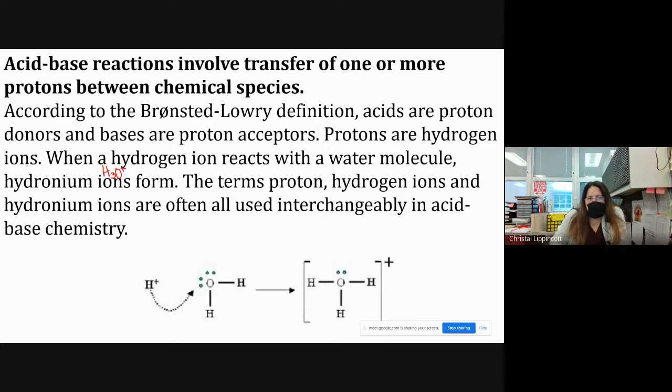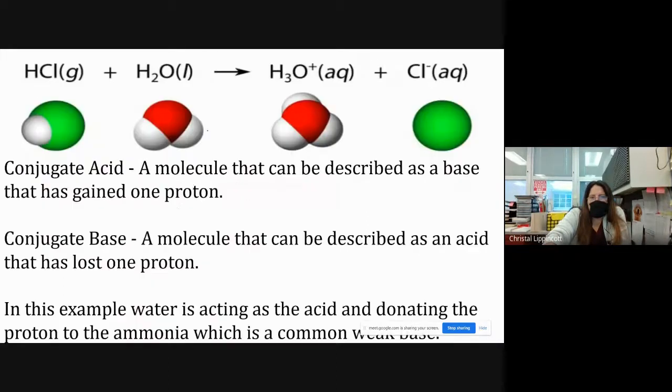So we take a water, for example, we add a hydrogen ion to it, and we form this guy. In terms of protons, hydrogen ions and hydronium ions are often used interchangeably. So oftentimes, instead of writing this in, we just do this. Okay, because it's already in water.